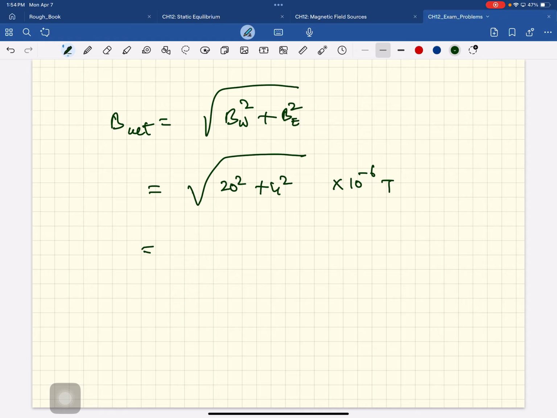That's 416. Square root of 416 is 20.4 times 10 to the minus 6 Tesla.